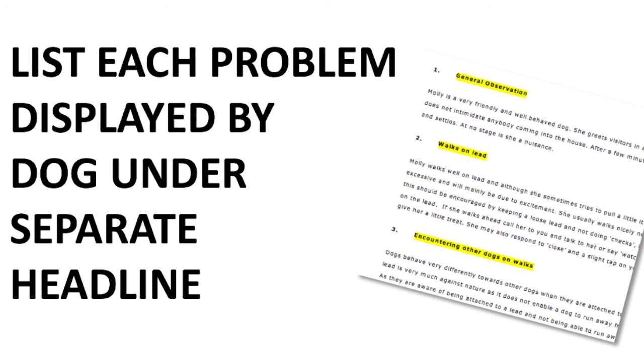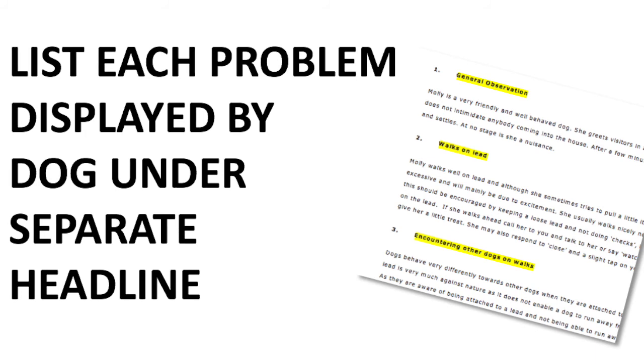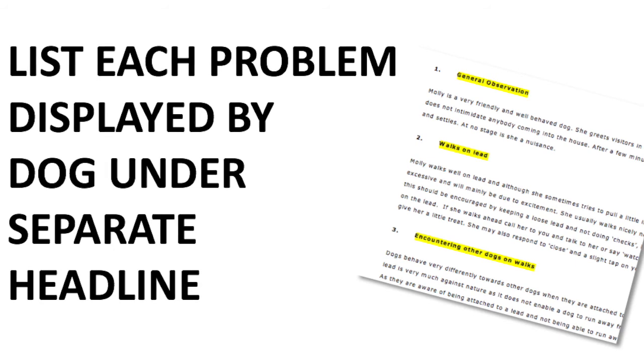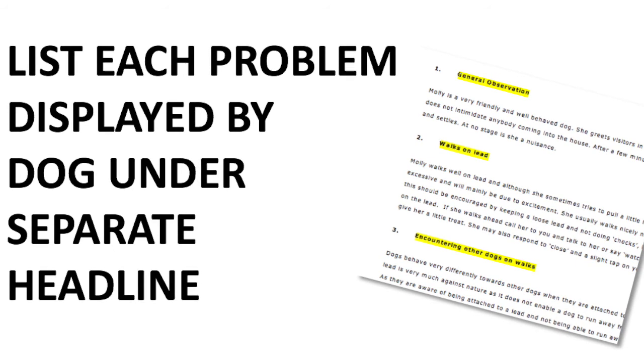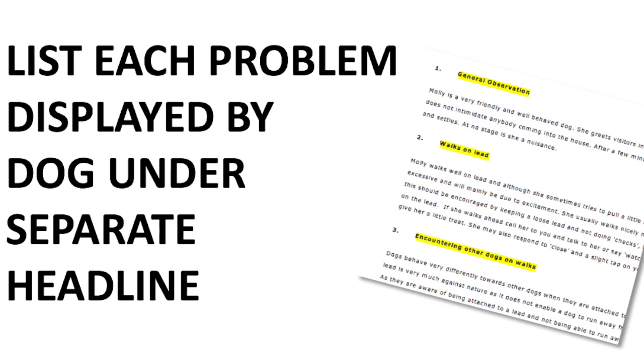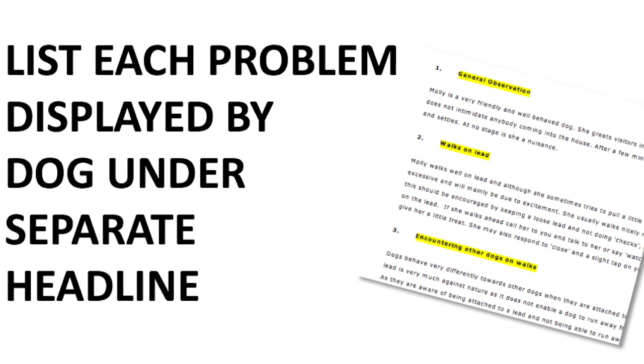So it is much easier for the client to have a headline, like attacking dogs. Right, this is what I need to read up on. This is important to me right now. So it's easy to refer to. A client will not read pages and pages and pages in order to get to the correct point.